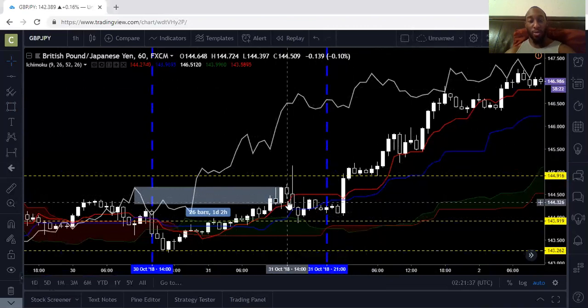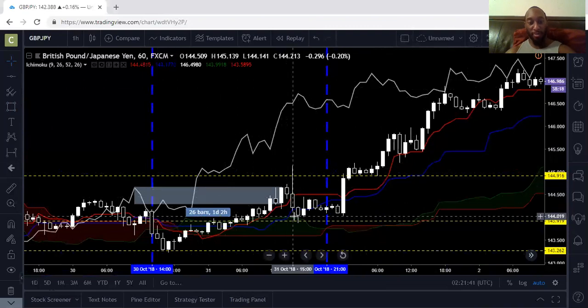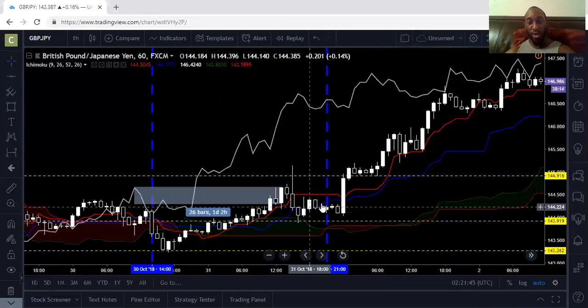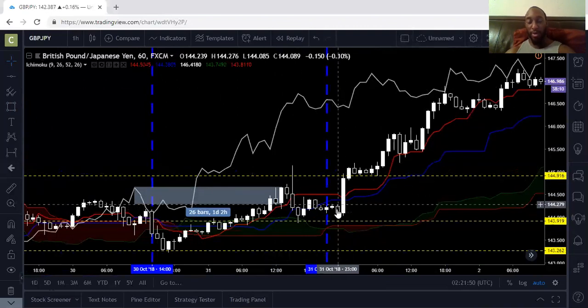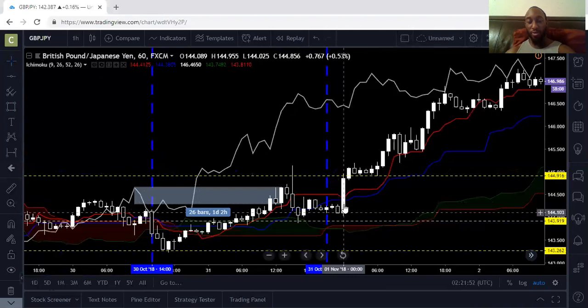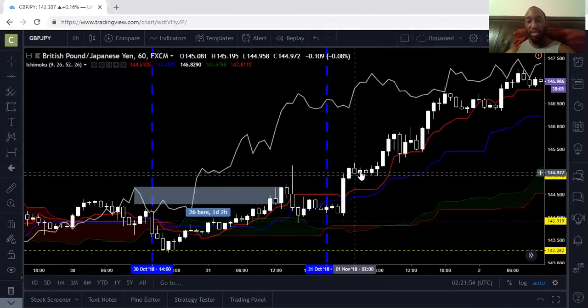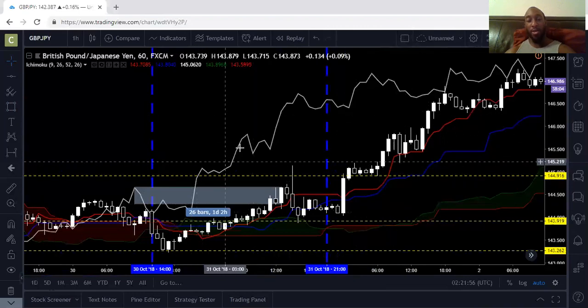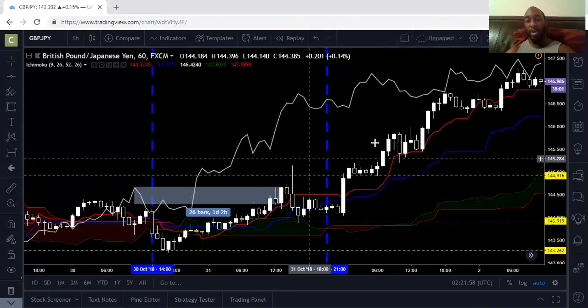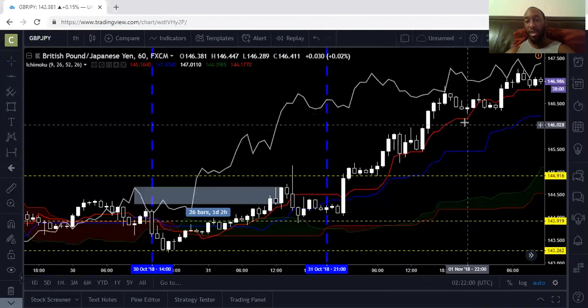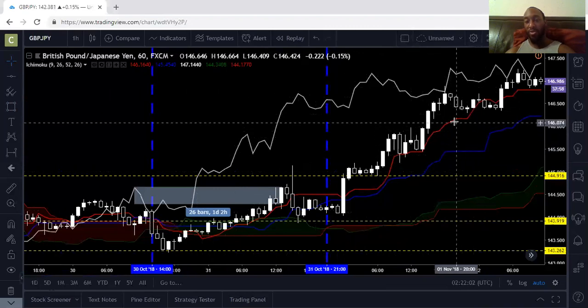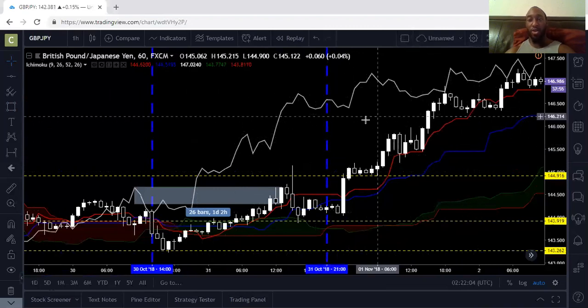All right. You could have entered here, you're in profit. Then it came down. You're still in profit, but not as much as before. Consolidated, and then had a big break through Tenkan-sen and Kijun-sen. Then it made its way up. The further away that Chikou span is from the candles and from Tenkan-sen and Kijun-sen, you got a good trade.